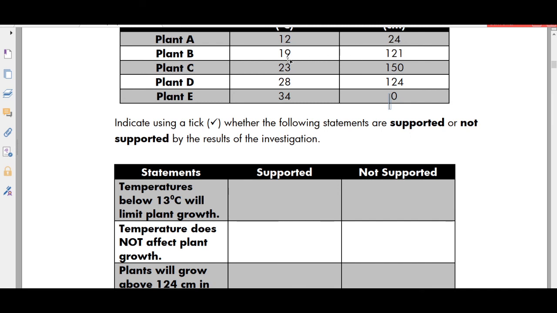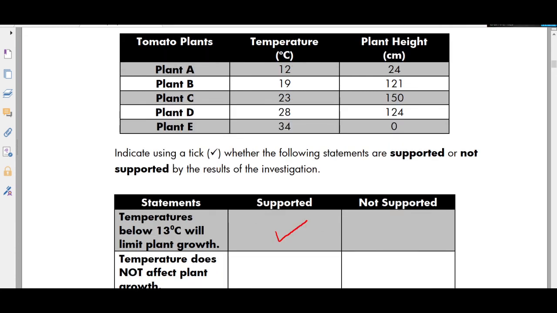At 34, that is too hot, but at 28 we see some growth. At 23, the most growth, and from 23 going downward, the growth decreases. So on one side it is too warm, on the other side it's too cool. I think this is supported. It will limit plant growth, so we will tick supported here.